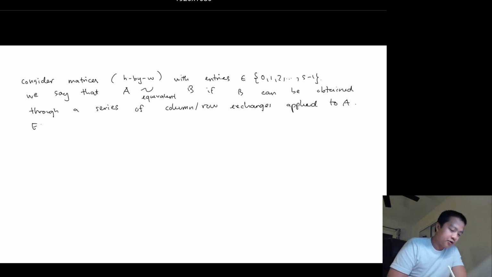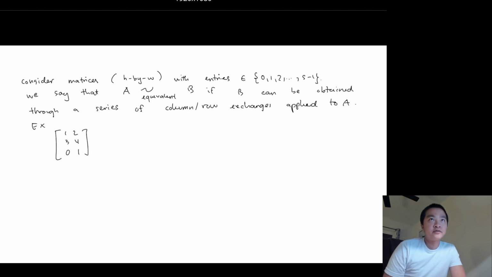So for example, if I have this matrix 1, 2, 3, 4, 0, 1, okay, and if I exchange the first and the second column and then exchange the first and the second row after that, I would get this equivalent matrix or configuration, which is basically 4, 3, 2, 1, 1, 0.